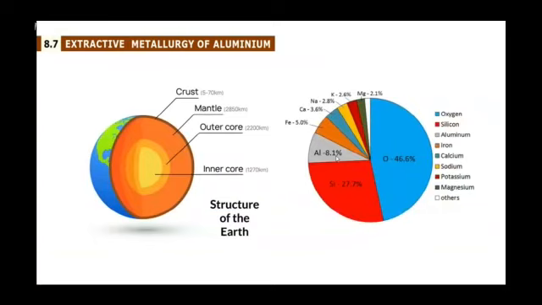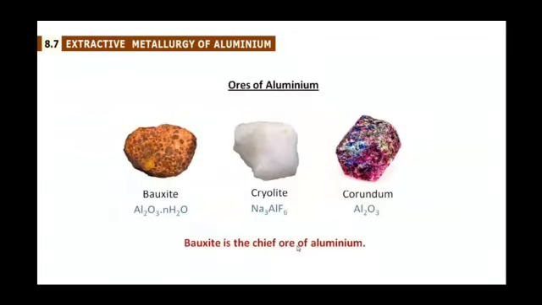In those minerals, if aluminium is present in a large percentage, then they are said to be the ores of aluminium. In bauxite, cryolite and corundum, aluminium is present in a large percentage, and bauxite is called the chief ore of aluminium.